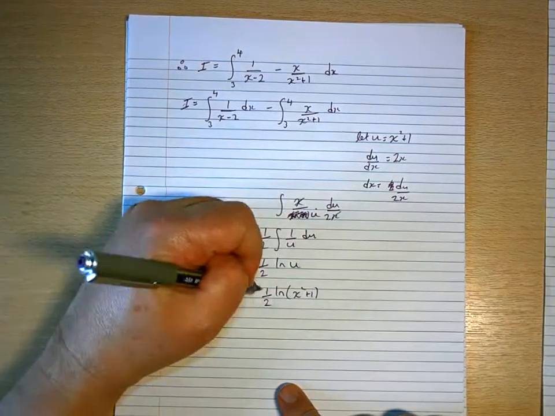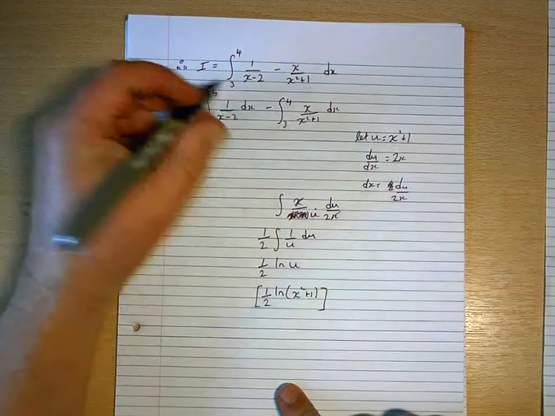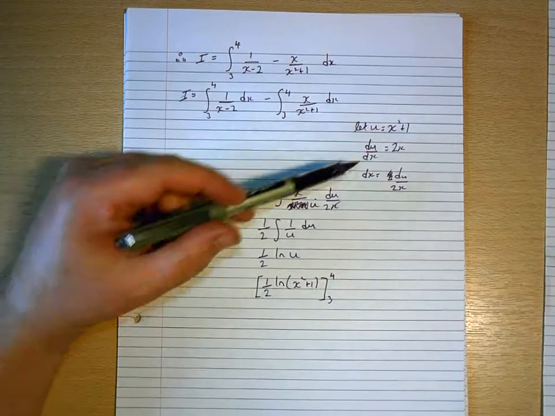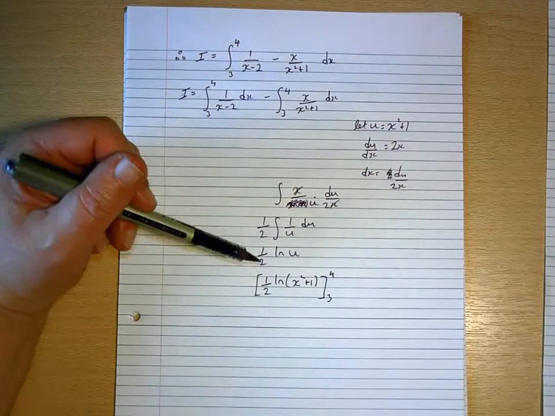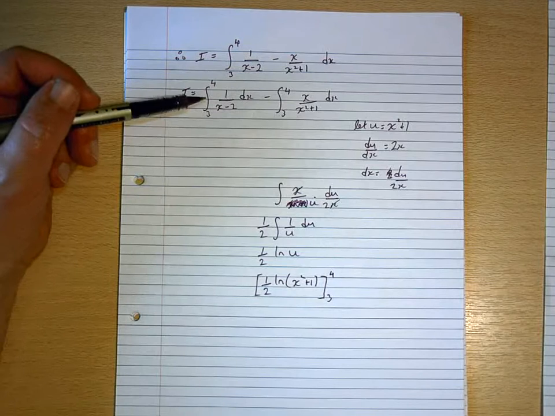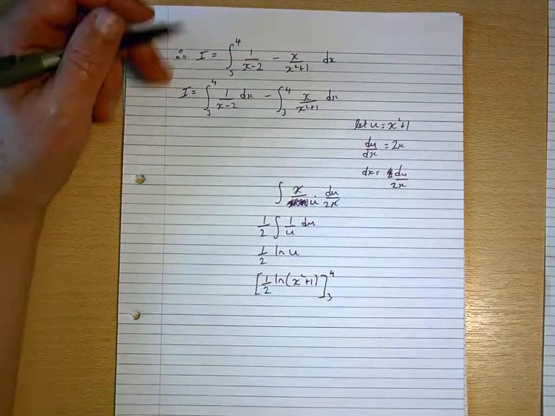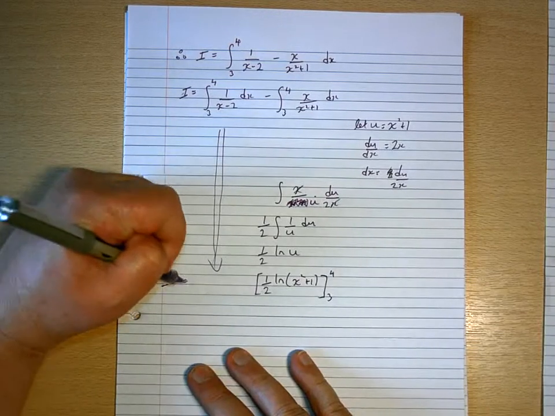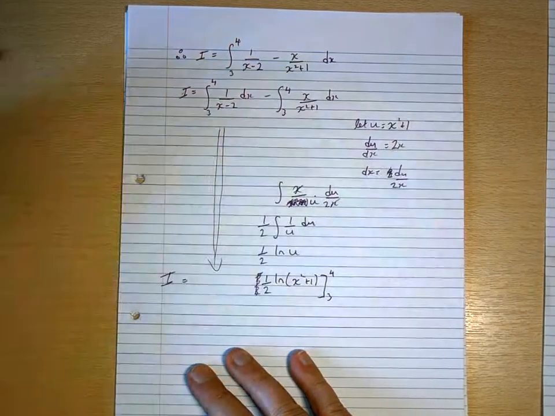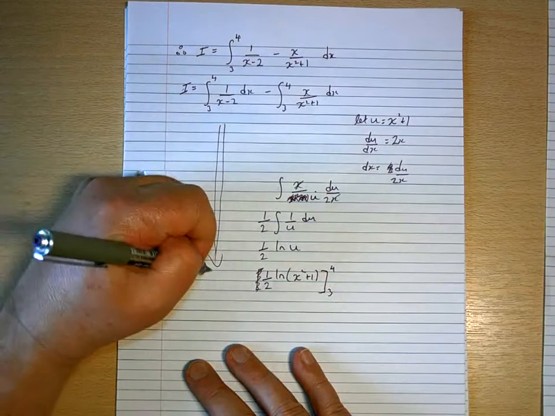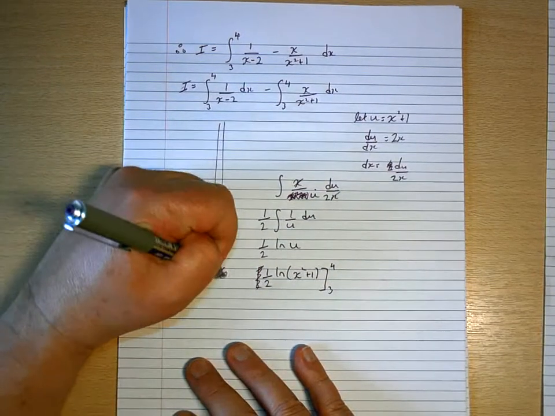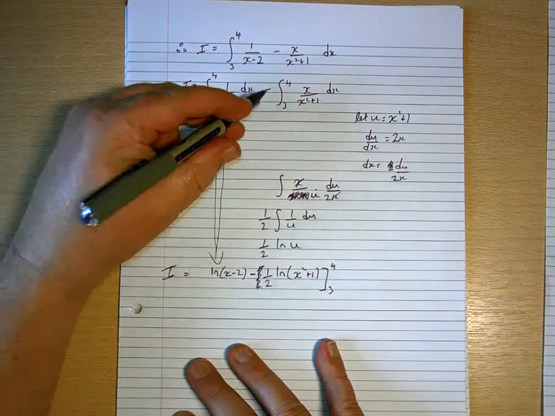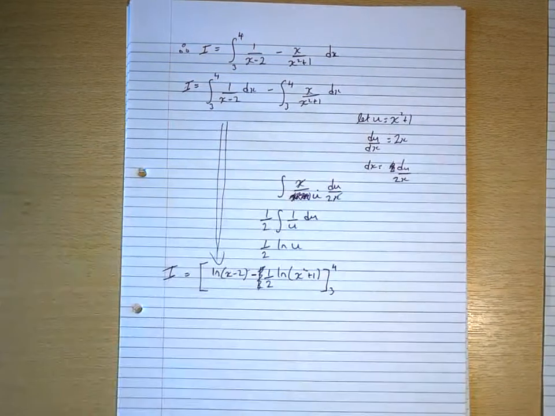And the reason that I'm doing that is I'm going to be dealing with the limits of 3 and 4 there, and rather than faffing about changing the limits, I'm going to leave it like that because I've got the same limits on this one. So if I bring this down, this part of it, I can write straight down as the natural log of x minus 2 minus that.